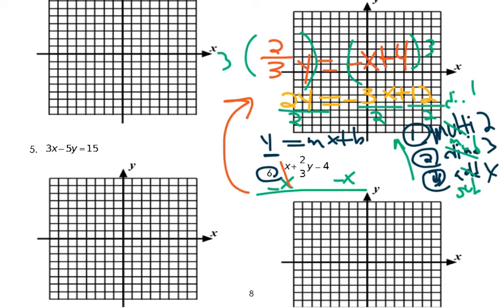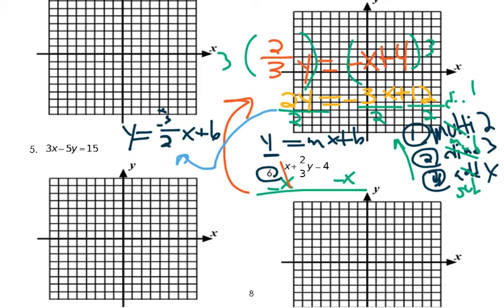I'm going to bring this over here so you can see it. So now, finally I have y equals negative 3 over 2 x plus 6.